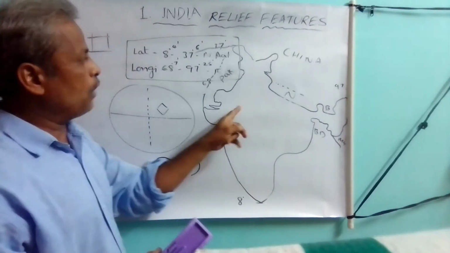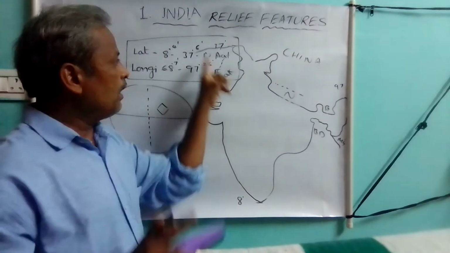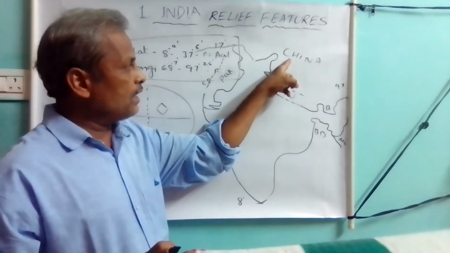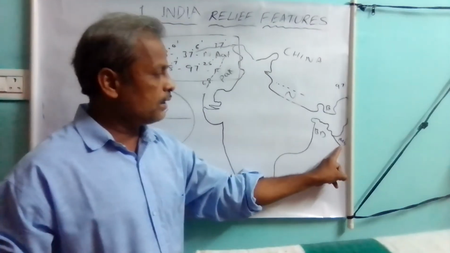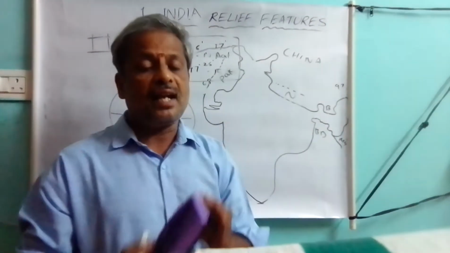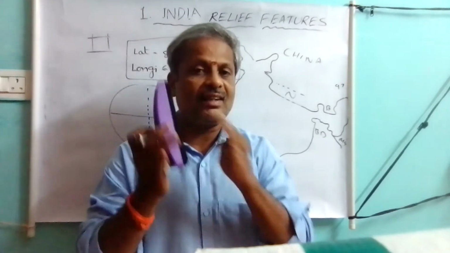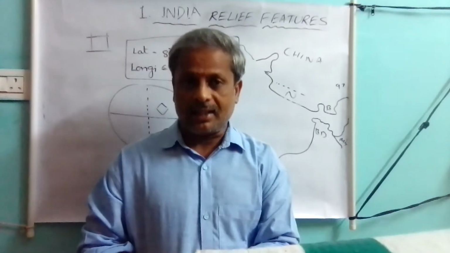If we count, Pakistan 1, Afghanistan 2, China 3, Nepal 4, Bhutan 5, Bangladesh 6 and Myanmar 7. So India is sharing borders with 7 neighboring countries.